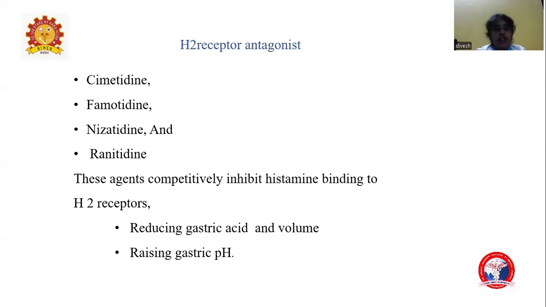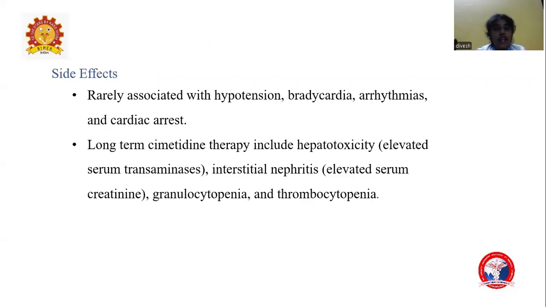Next come the H2 receptor antagonists, that is cimetidine, famotidine, nizatidine, and ranitidine. These agents competitively inhibit histamine binding to the H2 receptor. They reduce the gastric acid and volume, and also raise the gastric pH. The side effects: it is rarely associated with hypotension, bradycardia, arrhythmias, and cardiac arrest.